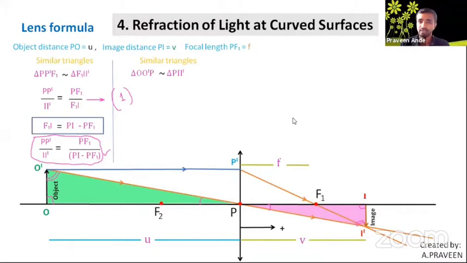Look at them. Here I will write O' by I', that is equal to the base ratio, OP by PI. So PO written, then the ratio between them is PI, so PO by PI.